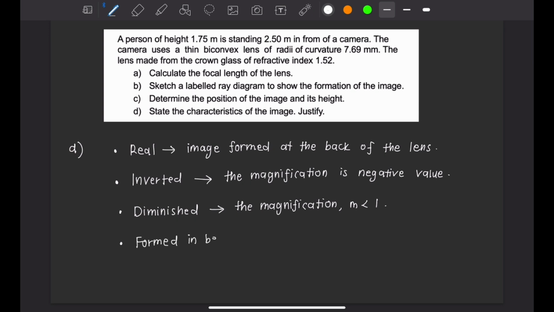And the image is formed in between the F2 and 2F2 at the back of the lens.